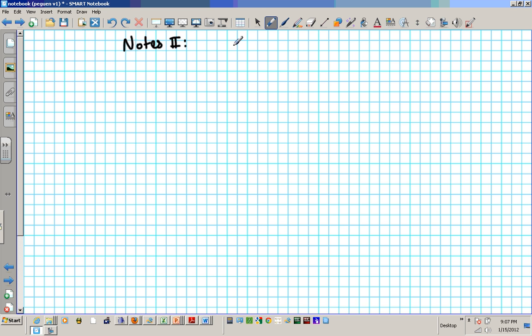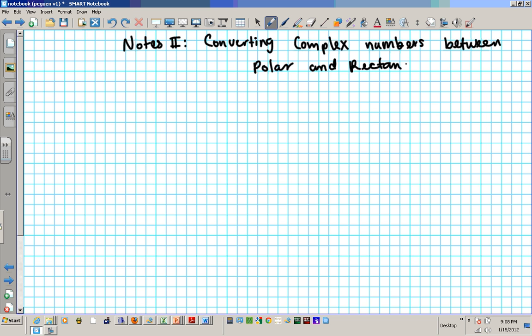Converting complex numbers between polar and rectangular forms. Okay? There goes the title.